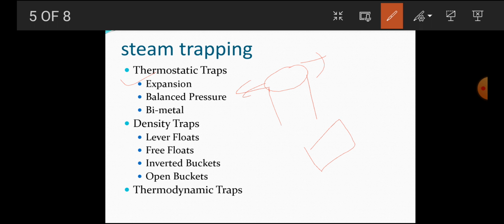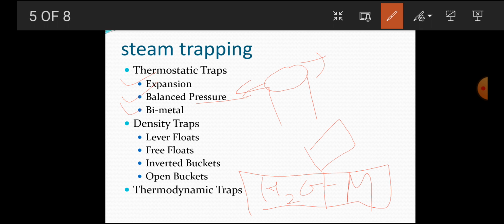Then balanced pressure trap elements have a filling which is a mixture of water plus mineral spirits that generally vaporizes or condenses at near steam temperature to actuate the valve. So this will vaporize to actuate the valve.